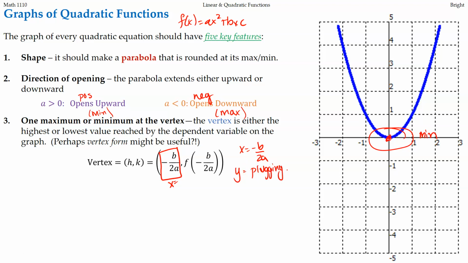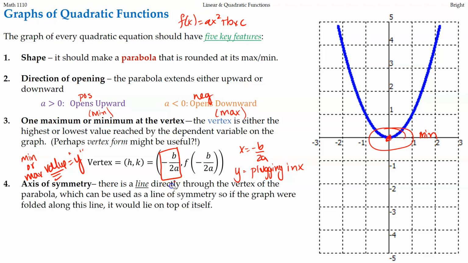I have an issue with "plug in" because you plug a cord into an outlet, but substitute x. I'll also mention that the minimum or maximum is the y value. So if you're ever asked about the min or max value, that's the y value of the vertex. Great, we got a lot of things done, and we have more to do.